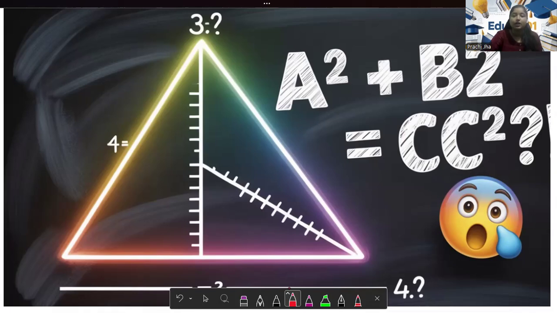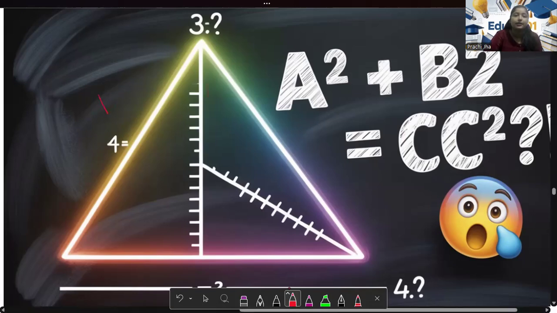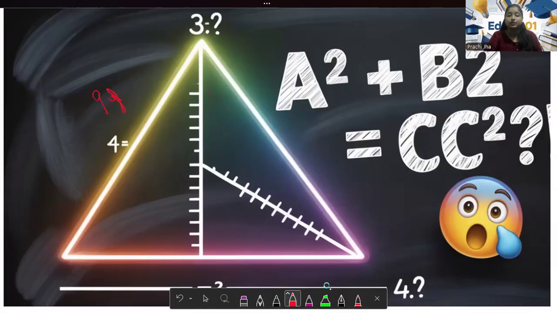Exactly. So we are going to go with Pythagoras theorem today. As you know, you may have heard this phrase many a times, right? But how to do it exactly, where to apply this, we are going to see each and everything in detail about the Pythagoras theorem in this video.